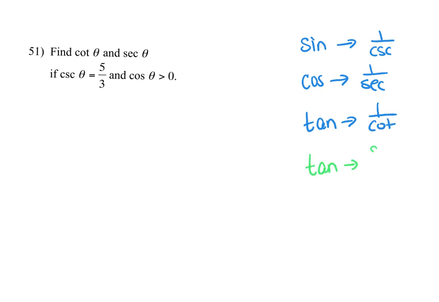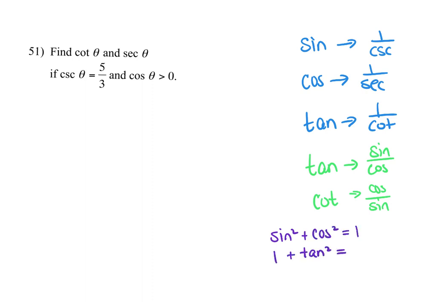Tangent is sine over cosine, which means cotangent is cosine over sine. And then you need to know your Pythagorean identities. Sine squared plus cosine squared is 1. 1 plus tangent squared is secant squared. And 1 plus cotangent squared is cosecant squared. Right? So those are the ones you need to know.